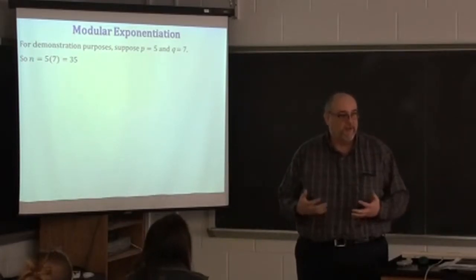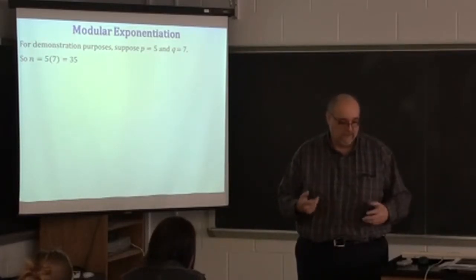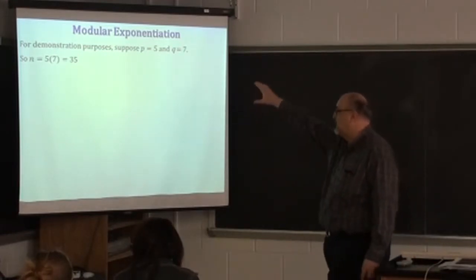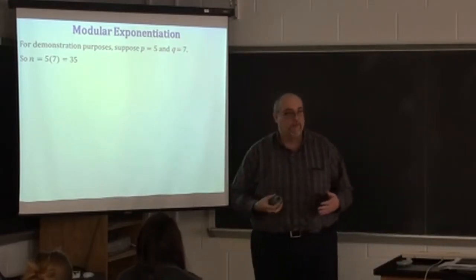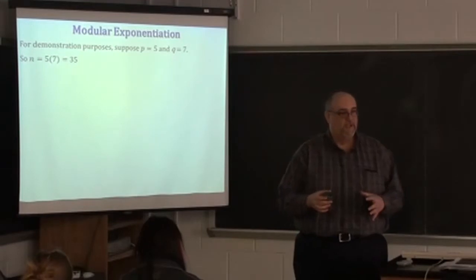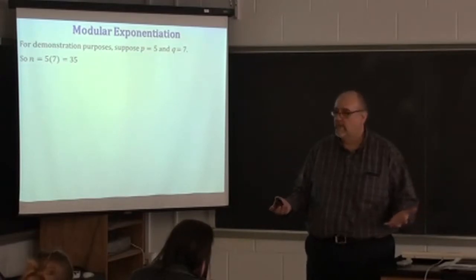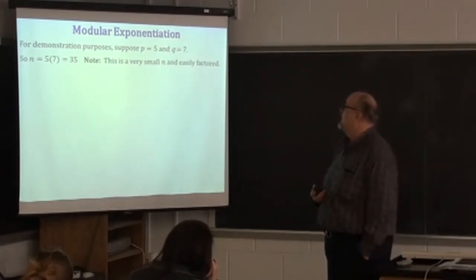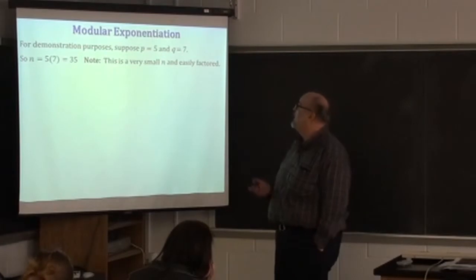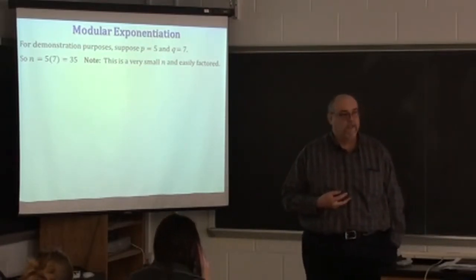Would you be able to do that very easily? No. So understand that this is for purposes of demonstration only. We're working with smaller numbers so we don't get overwhelmed. Okay? But the process is what's important. So this is a very small number, and it's easy to factor, right?